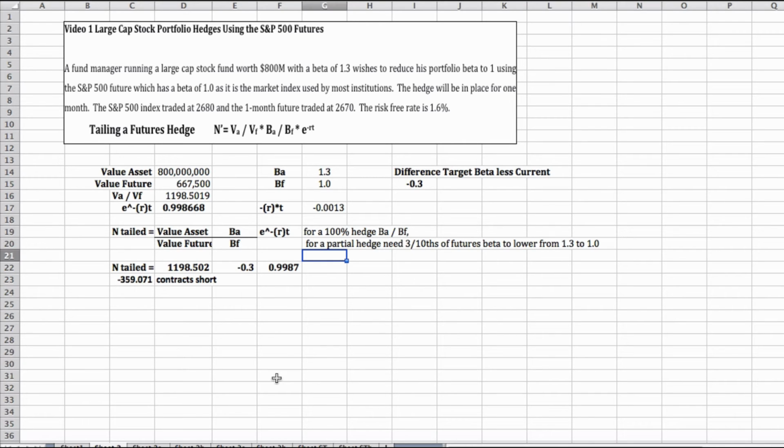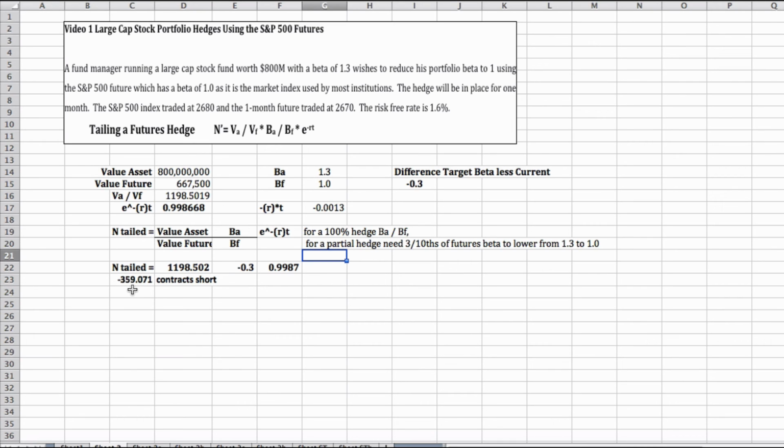If we're only going to do a partial hedge, and that is reduce beta from 1.3 to 1.0, 0.3 reduction, then our beta adjustment is that we only need 0.3 of this position, the futures position. So the total position, almost 1,200 contracts, 30% of that is about 360 contracts.